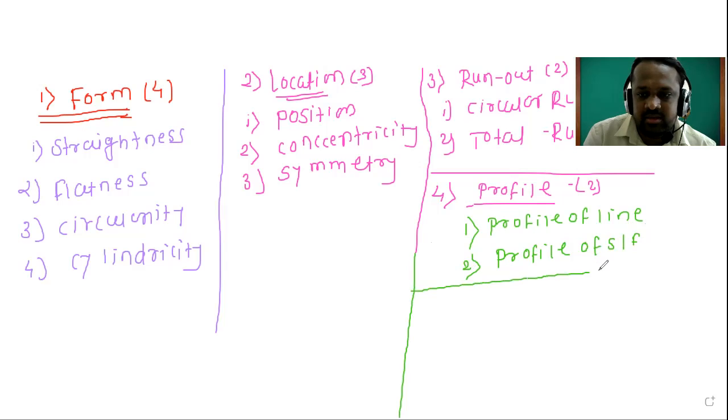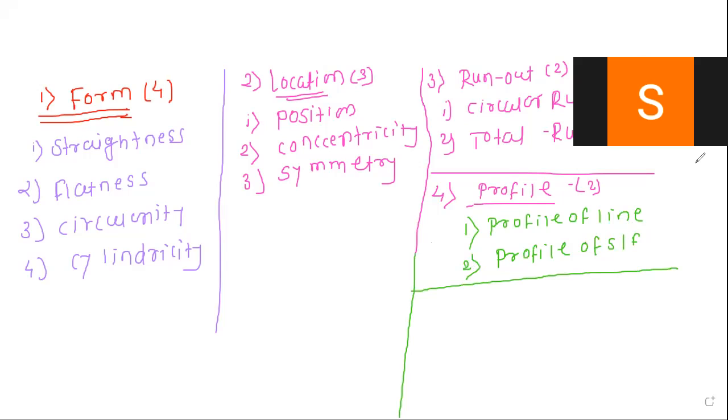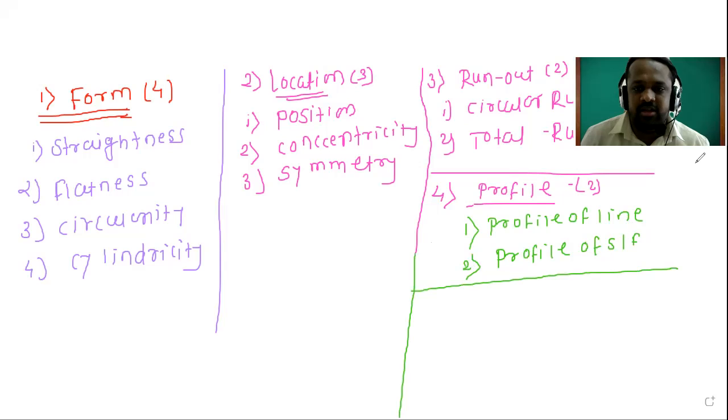Then last which is remaining? Orientation. In that orientation, how many characteristics are there? 3.